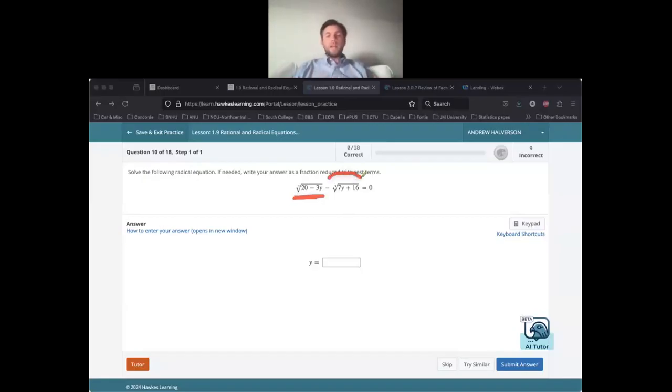So why don't we take this one here and move it over? Nothing wrong with it at all. We would add the opposite, so we will add the cube root of 7y plus 16 to both sides.